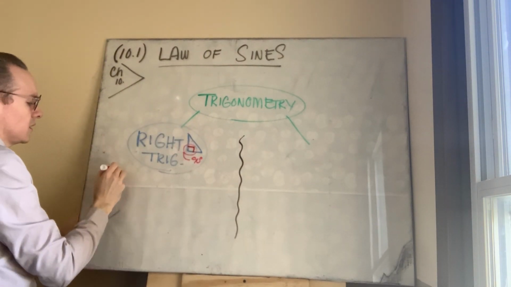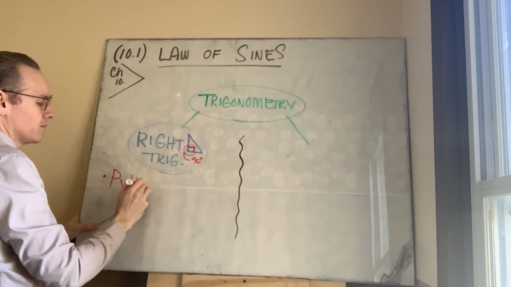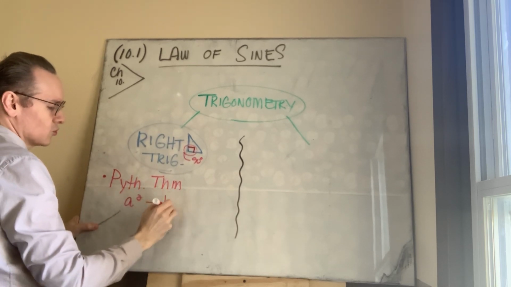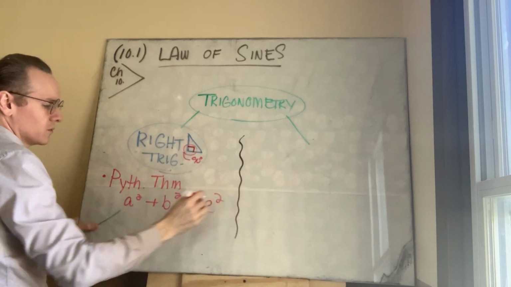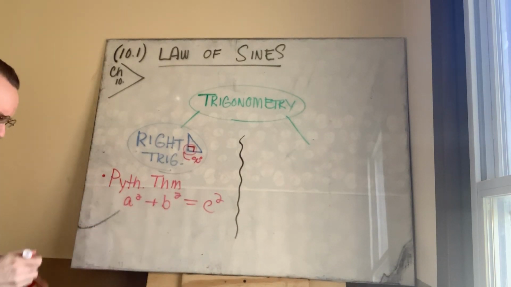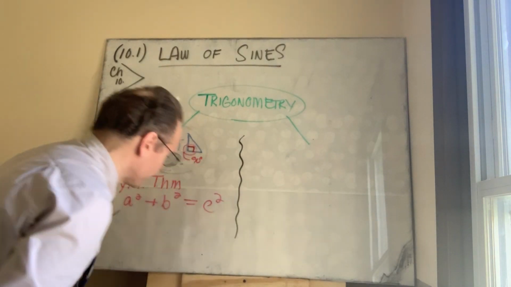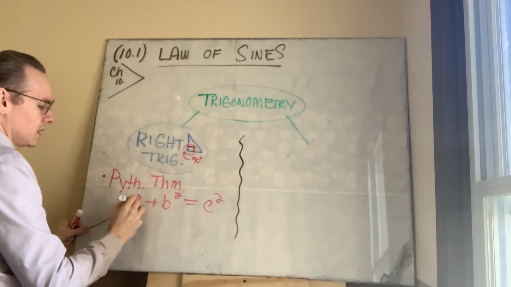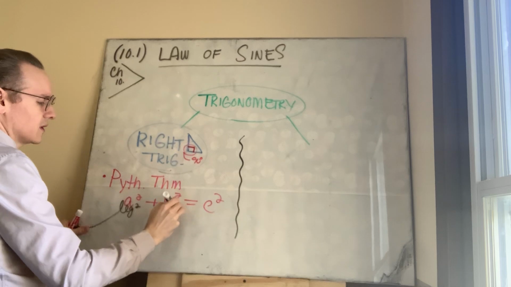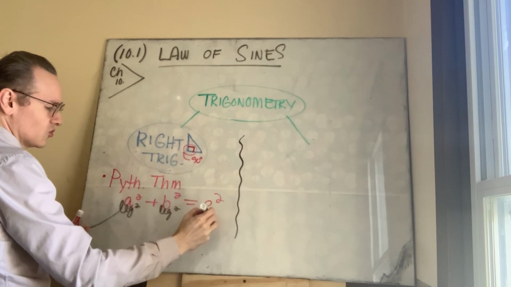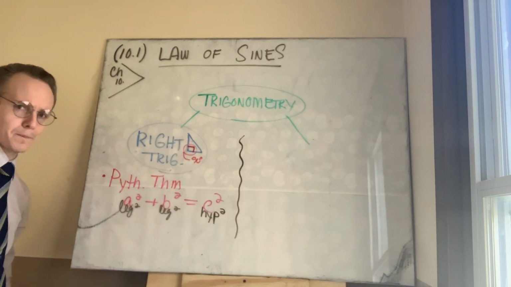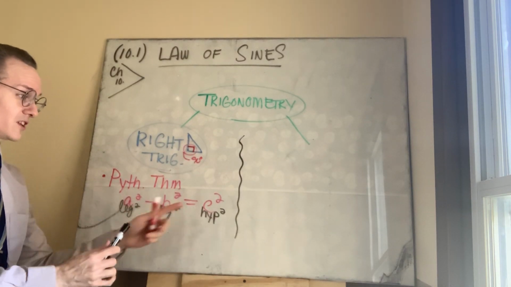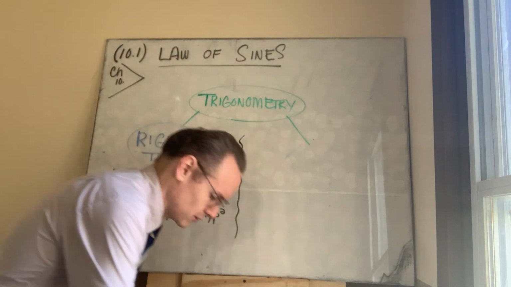Firstly, the Pythagorean Theorem. Famously, a squared plus b squared equals c squared, or whatever labels you choose. If you prefer, just convince yourself this is a leg squared, and the value c has to be the hypotenuse. These two things are interchangeable, they're negotiable. This is non-negotiable, that value.